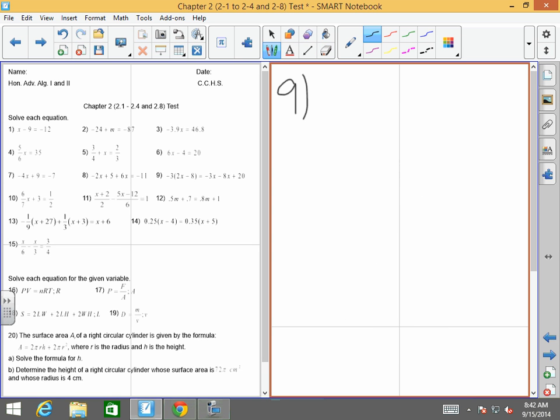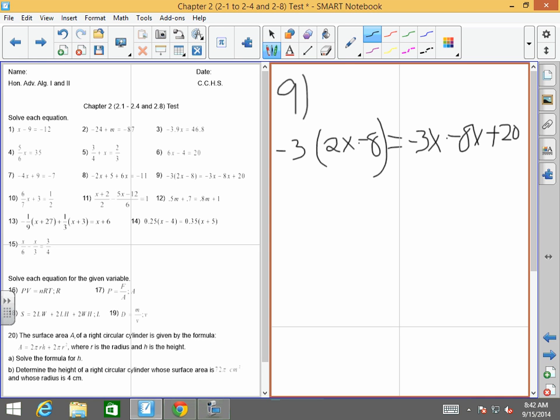We've got negative 3 times (2x minus 8) equals negative 3x minus 8x plus 20.